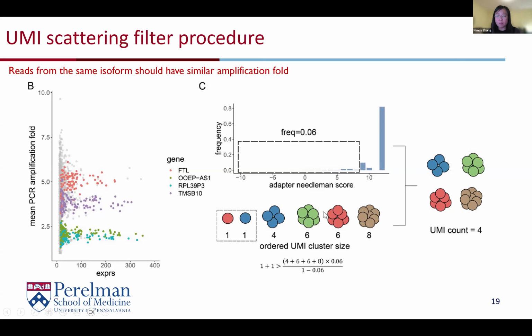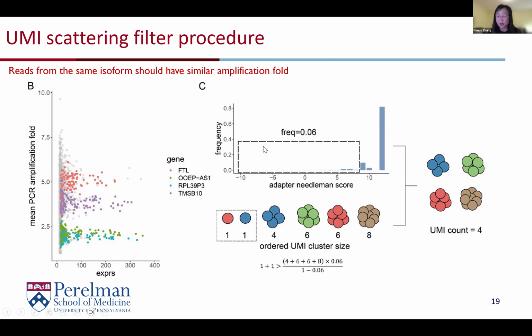Okay, so that gives us a way to identify scattering and remove it from the data. So what we do is we take the adapter sequence again, and then look at the Needleman score, which gives us a sense of how frequent the scattering would be.